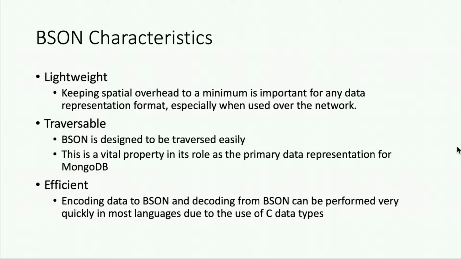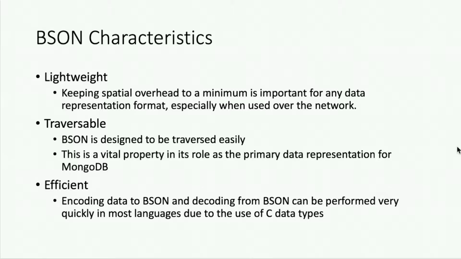Okay. So characteristics of BSON, well, I mentioned some of these things before with JSON, the same applies. We've got lightweight, so it's keeping spatial overhead to a minimum, which is especially important over the network. Traversable, it's easily traversed, as I say.